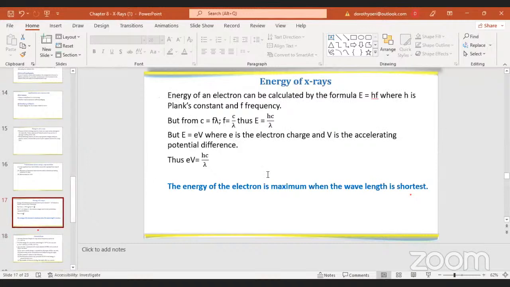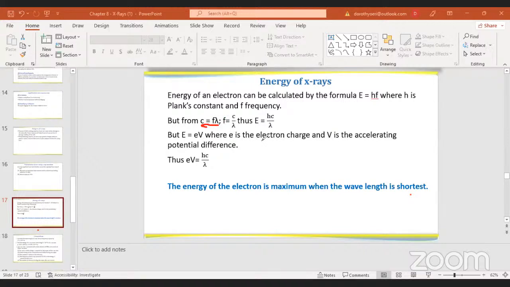So we are using this equation. Somebody was asking me, how do we apply the equation? We are using this equation, this one here. That's the equation we are using.